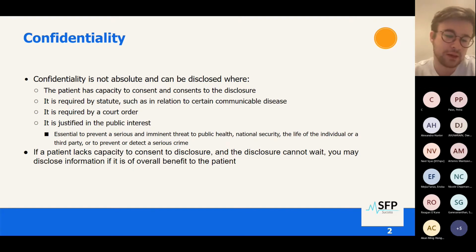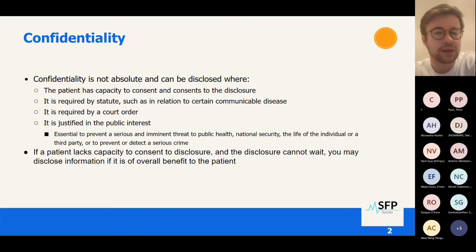I think the main thing is, if you're asked to disclose information, the first thing you should always mention doing is trying to get consent from the patient and deciding whether they have capacity to consent to that as well. And if they lack capacity, you can't wait until they are deemed to have capacity. You can disclose information if it is overall of benefit for the patient.